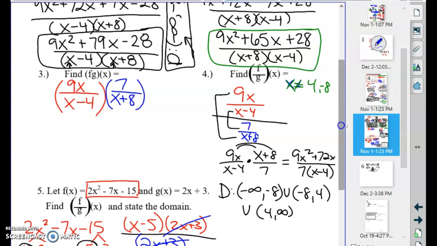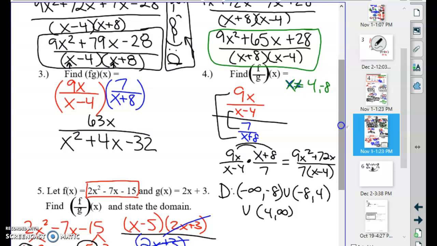Okay, now the top, I'm pretty confident you'll be okay with that because 9 times 7 is 63, and then an x, so we get 63x. However, on the bottom, it's going to be x squared plus 4x minus 32.